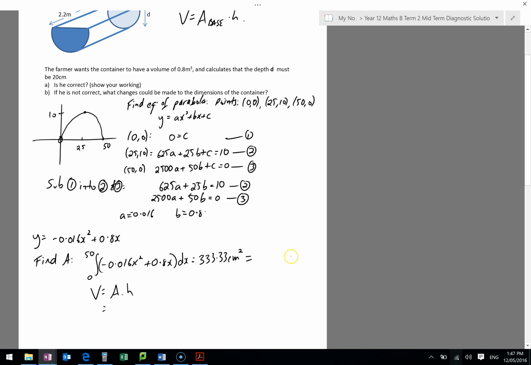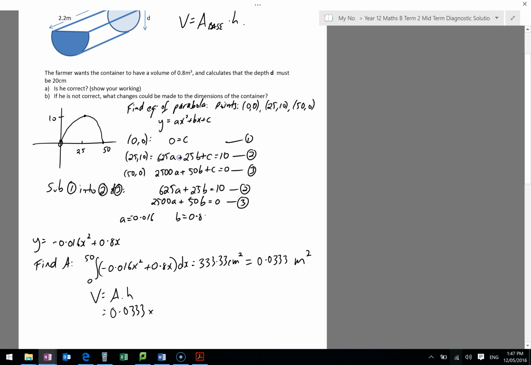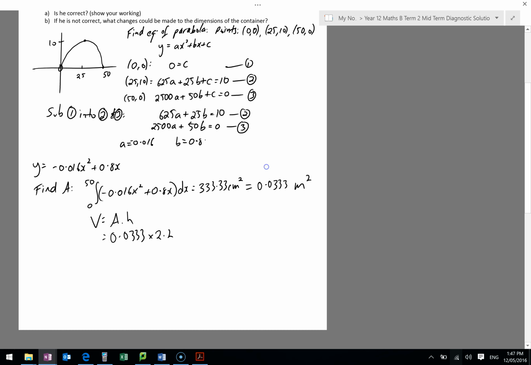To convert this to meters squared, this 333.33, I need to divide it by 100 twice. So it's 0.0333 meters squared. Put in my meters squared here, and times it by however many meters it is. And I get 0.07 meters cubed.